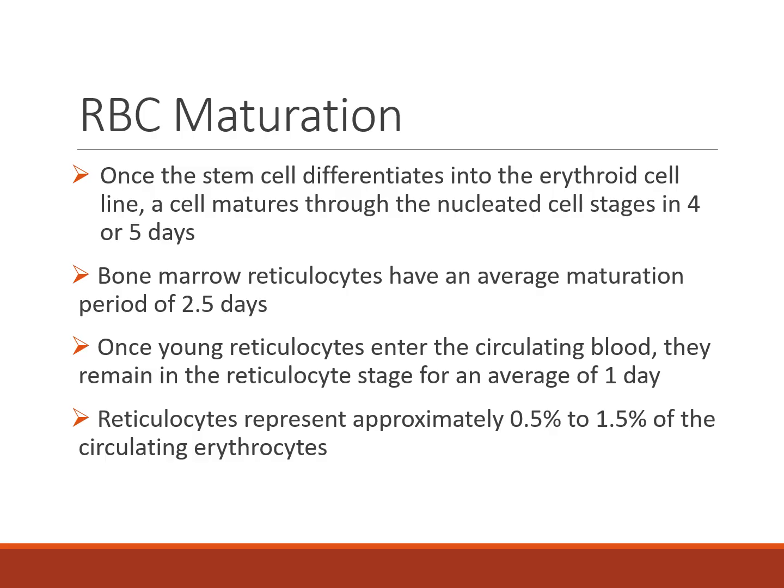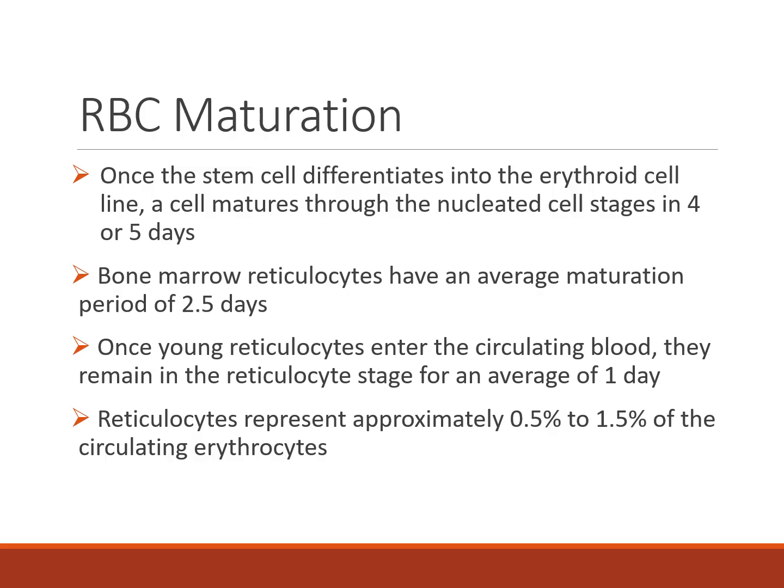Once the stem cell differentiates into the erythroid cell line, remember, it branches out. A cell matures through nucleated stages in 4 or 5 days. So from the very beginning, when we have that pronormoblast or rubriblast, that is day 1, and by the time it is 4 to 5 days, we have moved on to the reticulocyte stage.